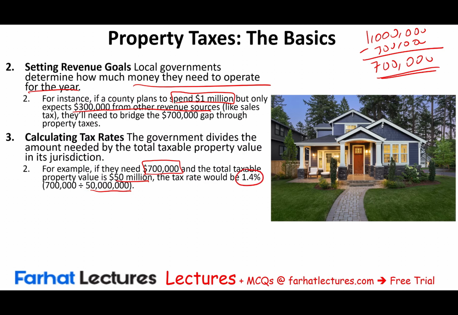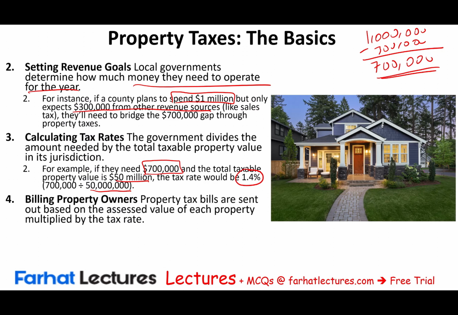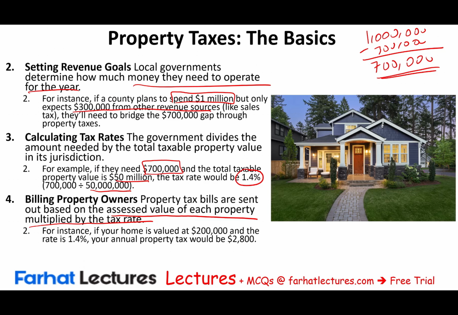They will need to impose a 1.4% tax rate on the property. So the property tax bills are sent based on the assessed value of each property multiplied by the tax rate of 1.4%. Therefore, if you own a property in that county for 200,000, you have to pay 1.4%, and your tax bill will be 2,800.